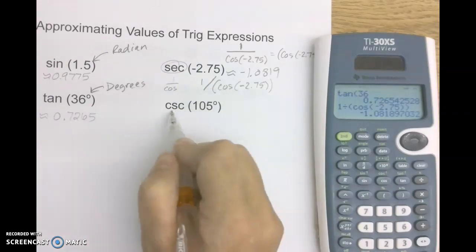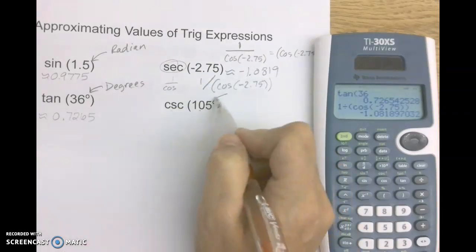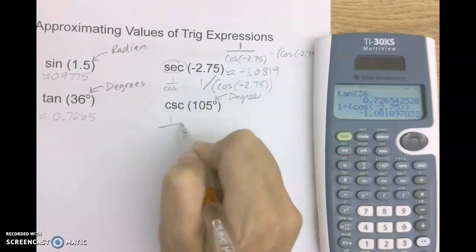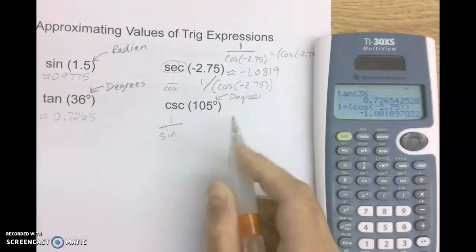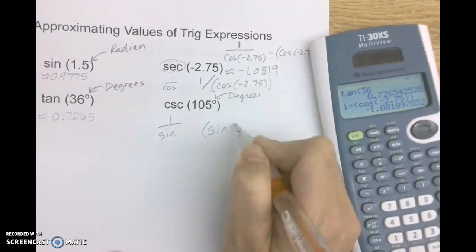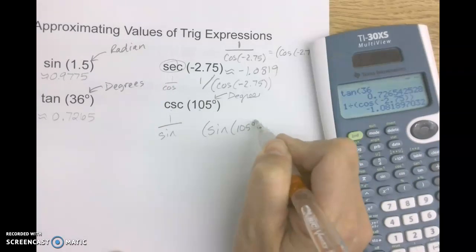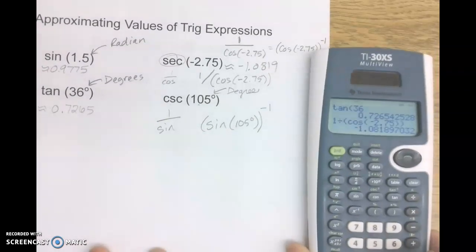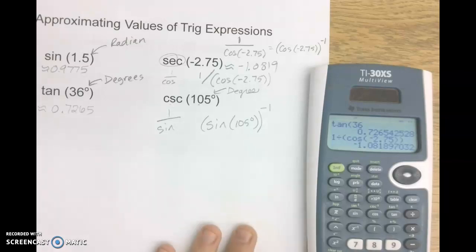Cosecant is very similar, only here we're in degrees. I'm going to show you the other way. This is really 1 over sine. So I'm going to take the sine of 105 degrees, close parentheses, and then raise it to the -1 power. That is the same. So I'm going to press mode and go back to degrees.